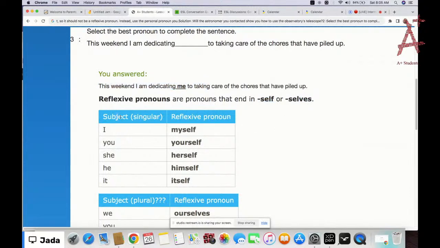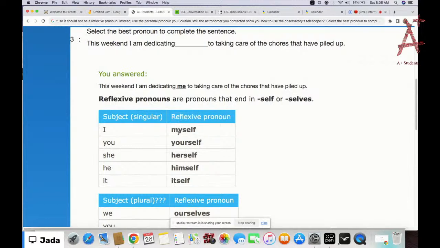Okay. So look at it here. We have the singular subject, and then we have the reflexive pronoun. These are the examples here. I goes with myself.